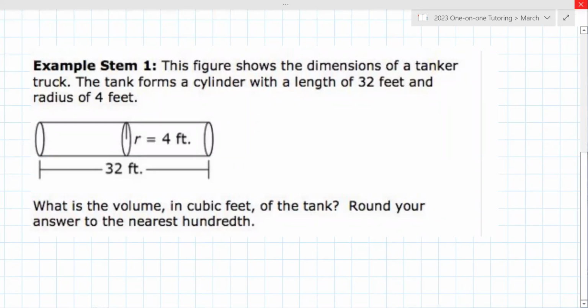Volume, feet, okay, radius 4, 16 pi. Okay, then times pi. 1608.5 feet cubed.